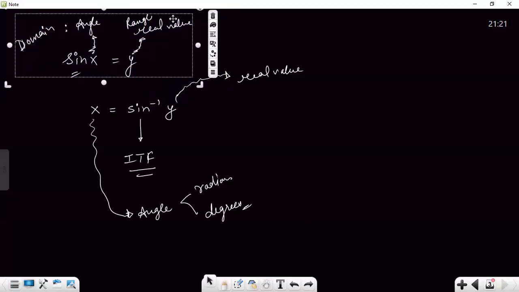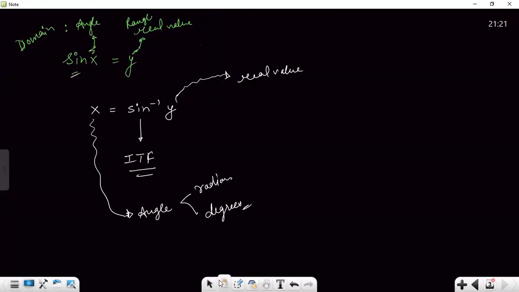This is the trigonometric function, and in white, this is the inverse trigonometric function. In an inverse trigonometric function, the domain is real values, and the range is angles. So that's just the inverse.